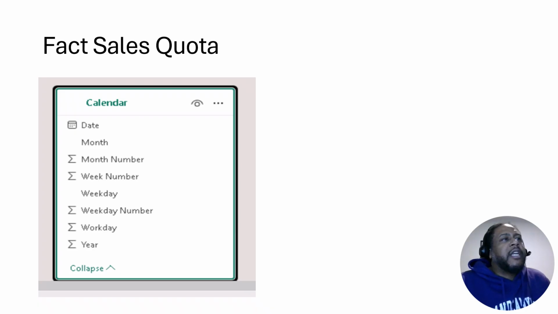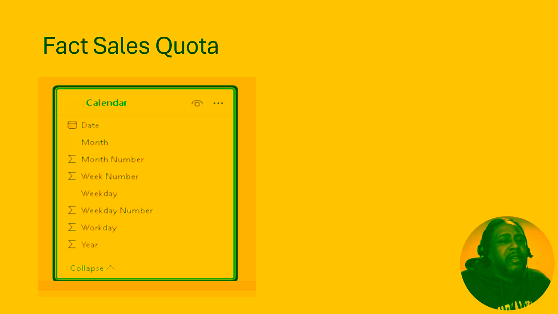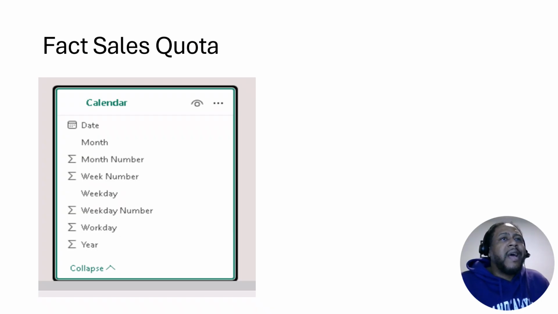This visualization represents the units sold across different store regions with an intended breakdown by sales category. While the dimensional model includes product and category dimensions, the provided fact sales quota table does not contain the necessary foreign keys to directly relate sales quotas to product categories.